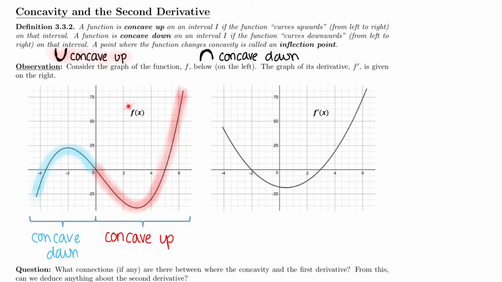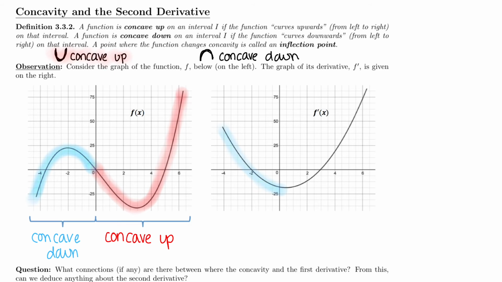So this is the graph of f. This is the graph of f prime of this same function. So something to notice, the places where we are concave down are the same places where f prime is negative. Right?